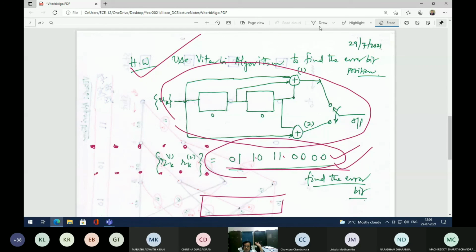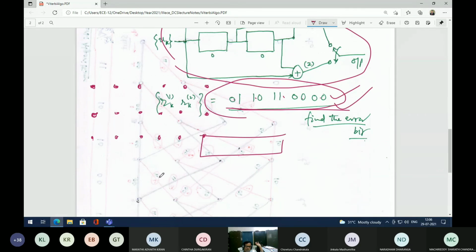Then this, then this, then this. And finally, you have only one. I think you have to draw the trellis diagram. I think this is a red one.